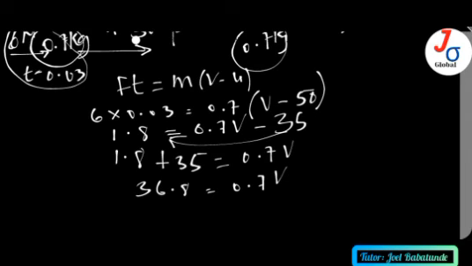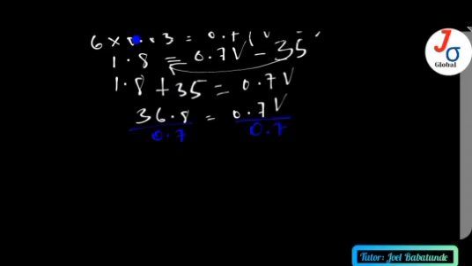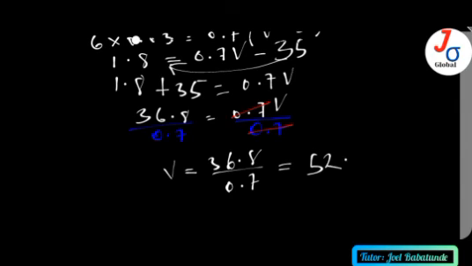If I divide both sides by 0.7, this cancels out, and I'm left with v equals 36.8 divided by 0.7, and that becomes 52.57 meters per second. So this is the final velocity.